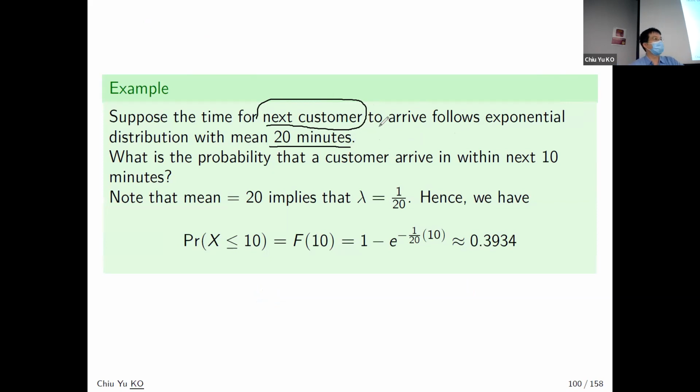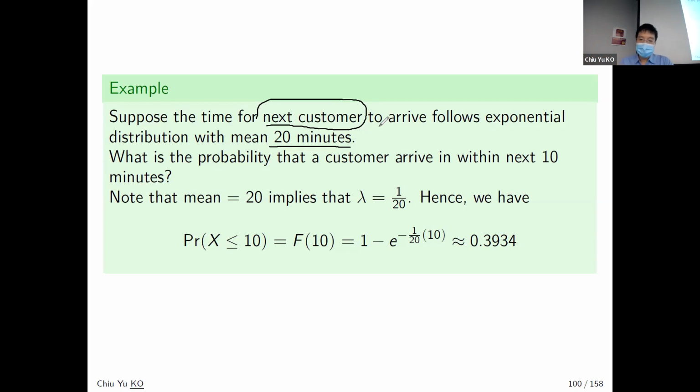That's 20 minutes. And for arrival time, if you think that memoryless is a good thing, then it's exponential. Indeed, although I didn't show you, you can check a textbook. If you try to model arrival time and you require it to be memoryless, it must be exponential. There's no other way around. If you want memoryless, exponential is the only choice.